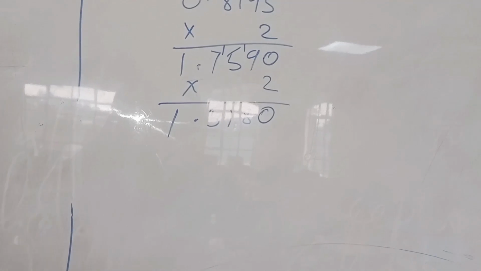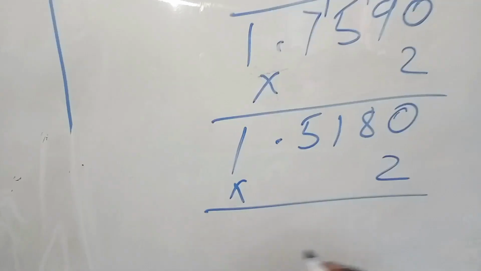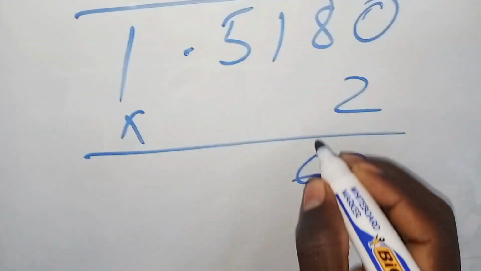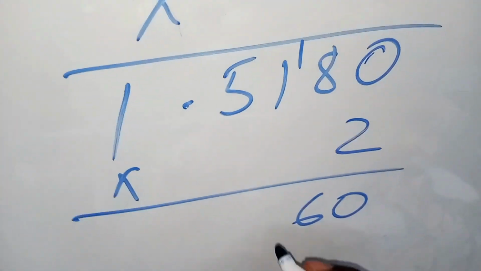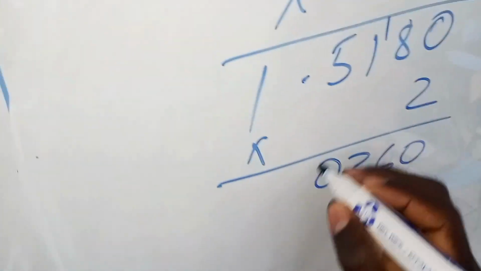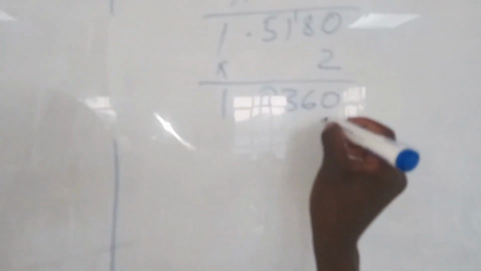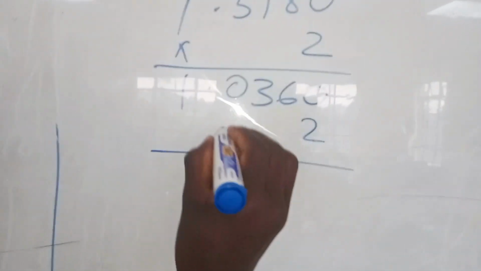So once again, multiply again with the 2 and check what you are getting. It is 0, you are getting 16, carry 1, you are getting 2, which is now 3, 10. So 0, and the 1 comes on this other side. You also multiply again with the 2 and check what you are getting.